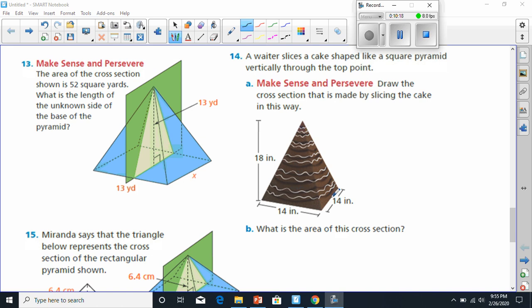If I'm slicing it vertically, it means that I have a piece that's coming through here and cutting right through this part here. And then it's coming out this side. And if I did that, I'm sure to make a triangle.